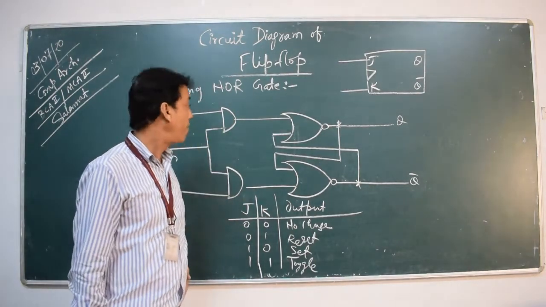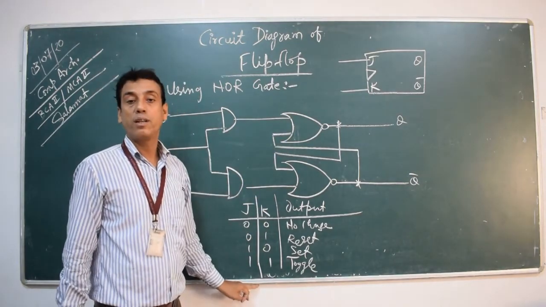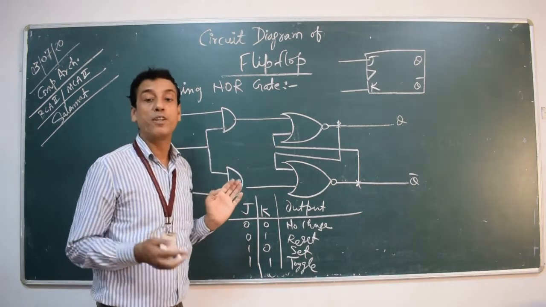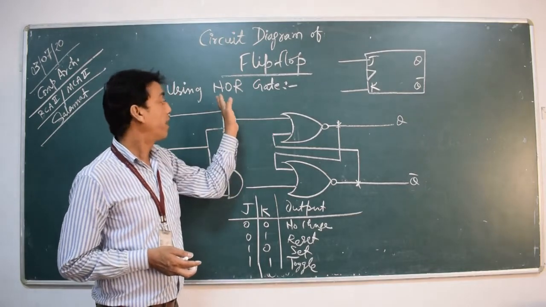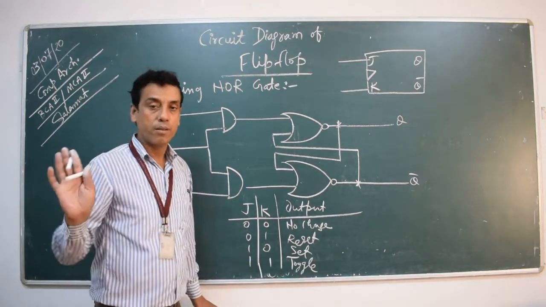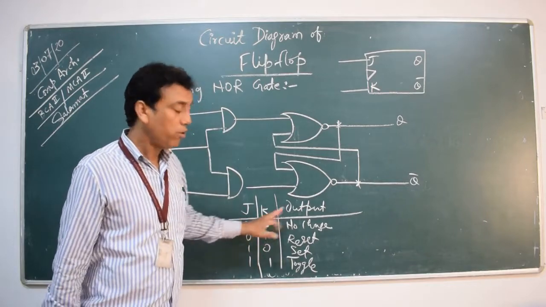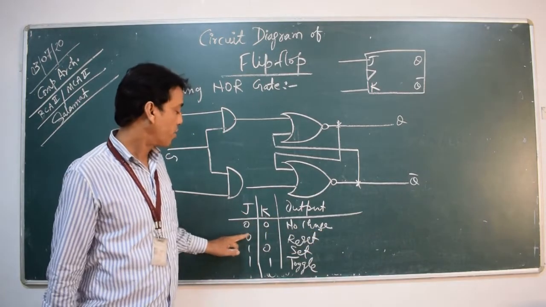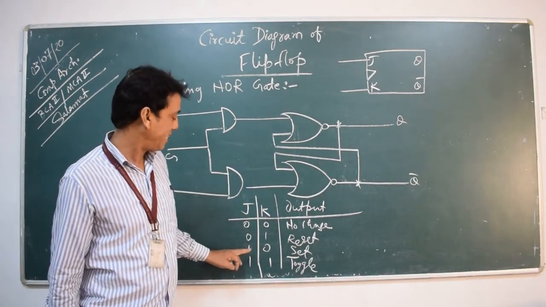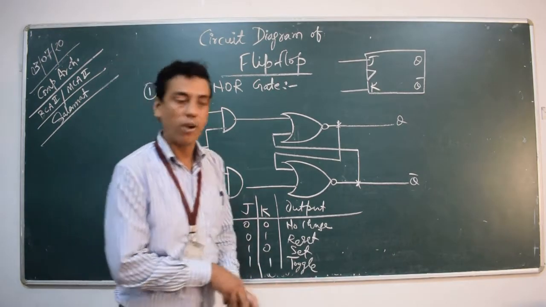If the flip-flop is designed using NOR gate, then this truth table is correct. But in the case of another design possibility of flip-flop using NAND gate, this truth table will not be correct. So 0, 0, no change in state. 0, 1, reset state. 1, 0, set state, and 1, 1, toggle state. Okay.